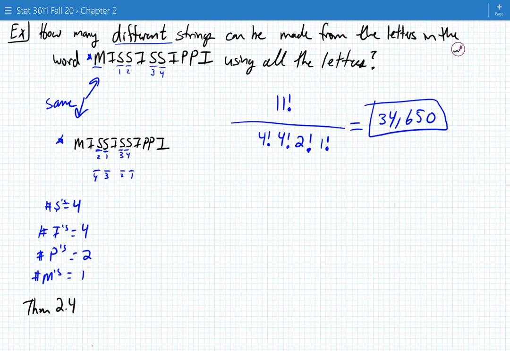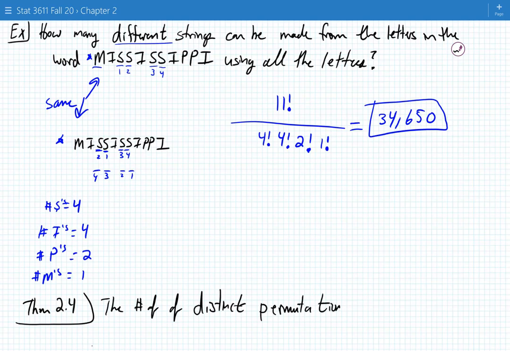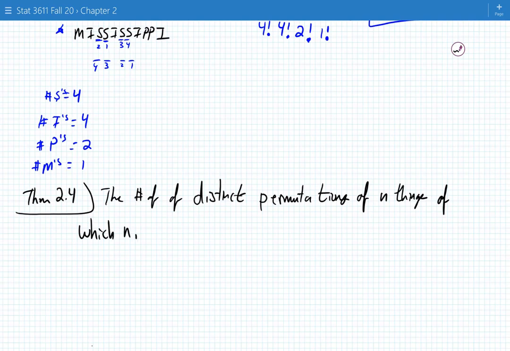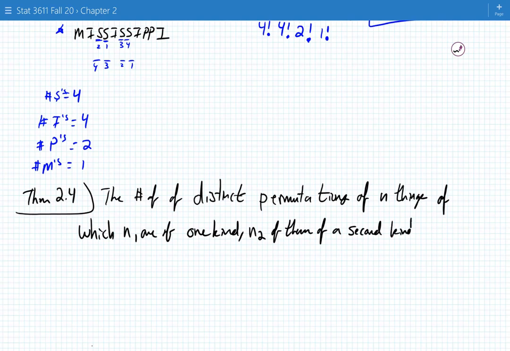And this is formalized in our e-text in Theorem 2.4. The number of distinct permutations of n things, of which n1 are of one kind, and n2 of them are of a second kind, and so on and so forth.